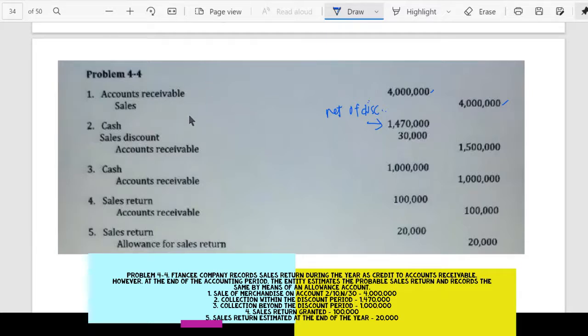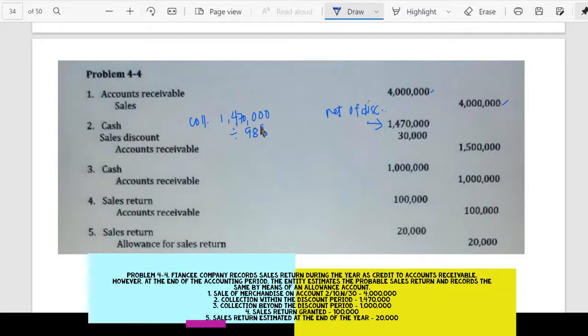So to get the 100%, the collection of 1,470,000 is divided by 98%. Because the discount is 2%, ang mabilin is the 98%.